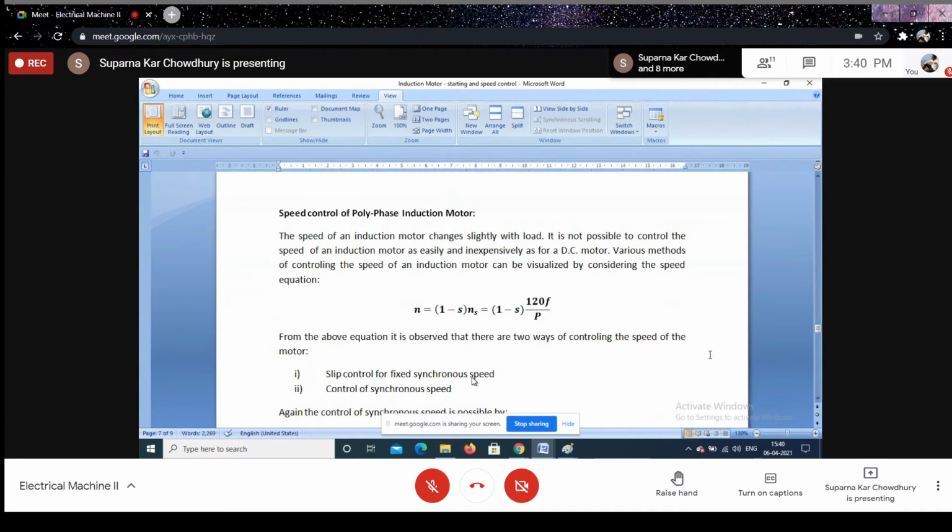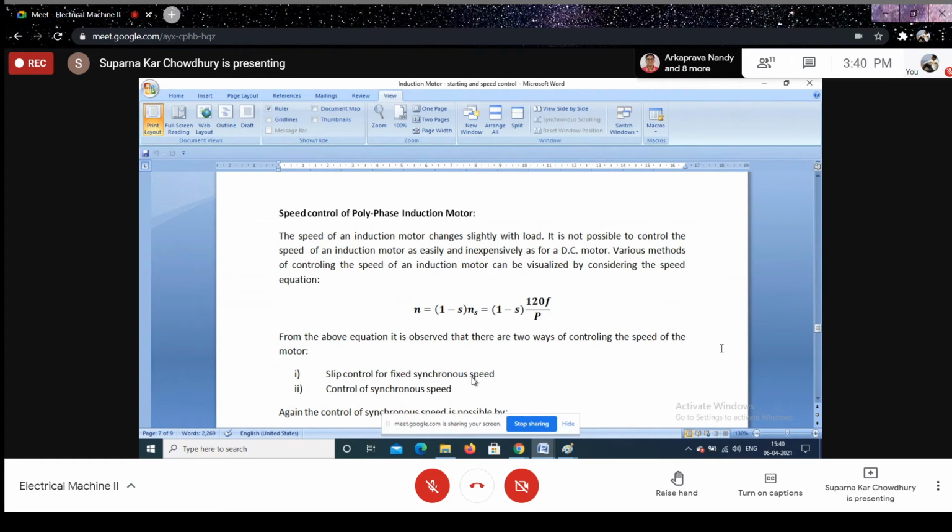Now, for any motor, speed control is an important thing. The induction motor is more or less a constant speed motor. Constant speed does not mean that speed remains exactly constant; it changes slightly with the load.